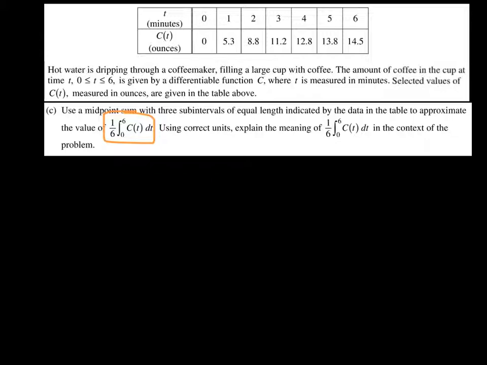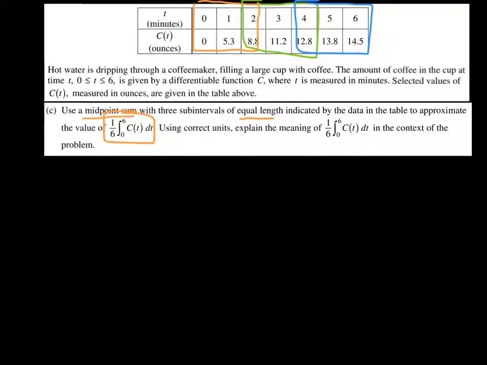They're asking us to use a midpoint sum with subintervals of equal length indicated by the data in the table. So we have to go from 0 to 6. Basically, going from 0 to 6 with equal subintervals, I'm looking at 0 to 2 for my first rectangle, then 2 to 4 for my second rectangle, and lastly 4 to 6 for my last rectangle.